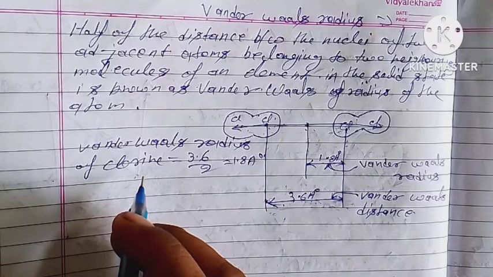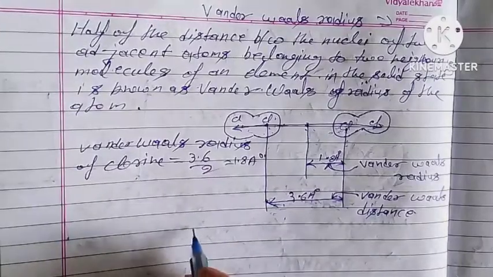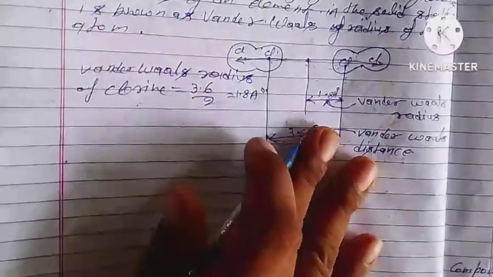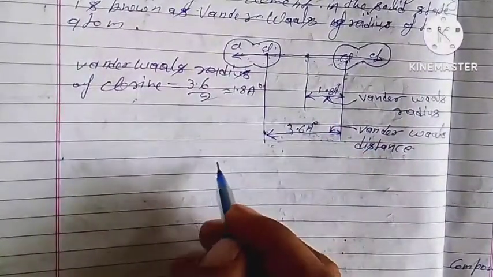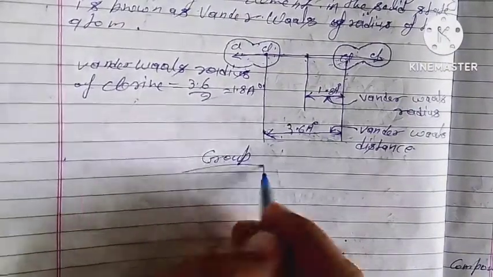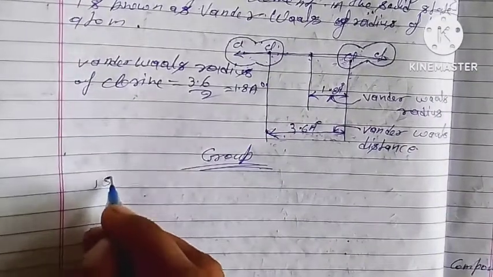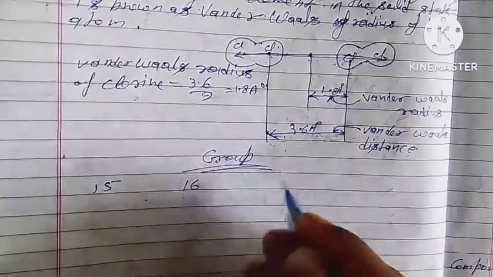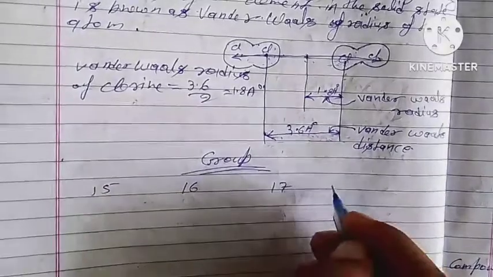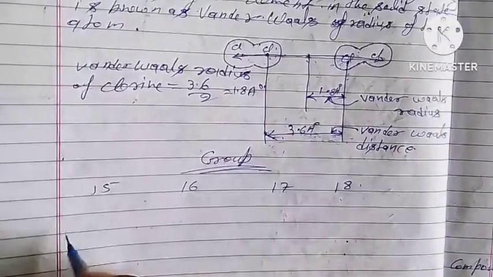Van der Waals radius of some elements. Group 15, 16, 17 and 18.